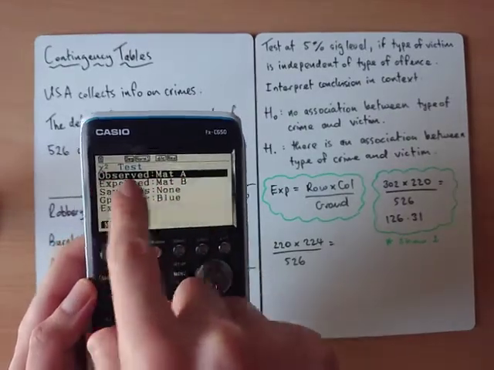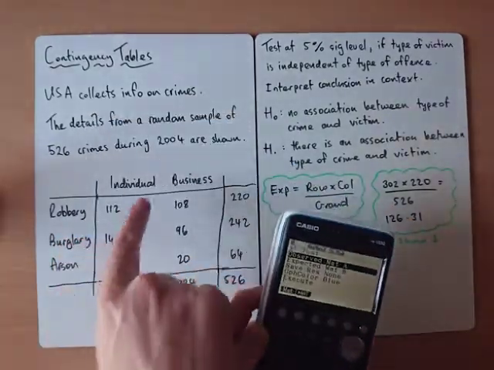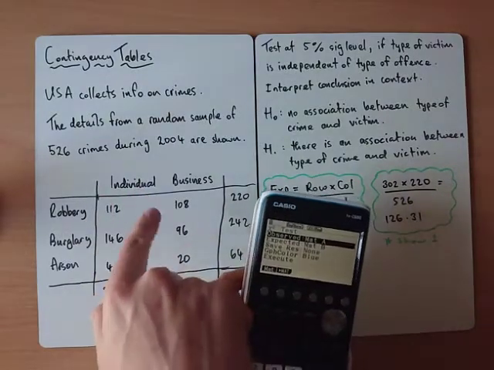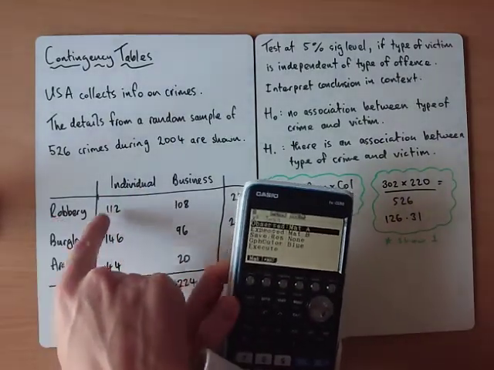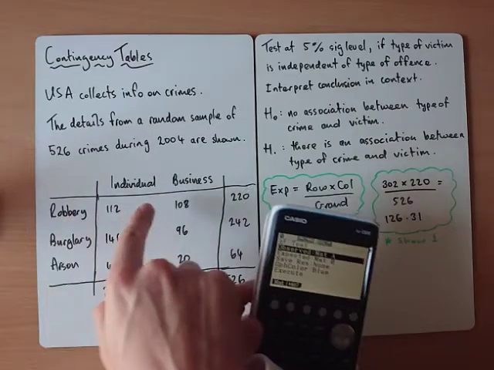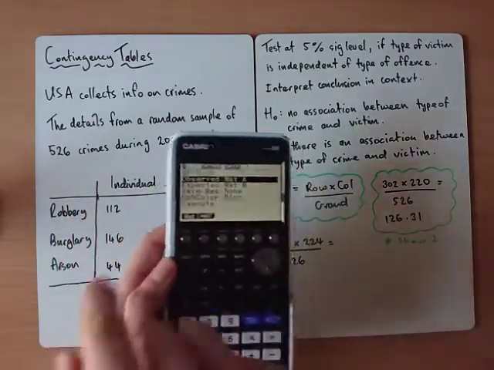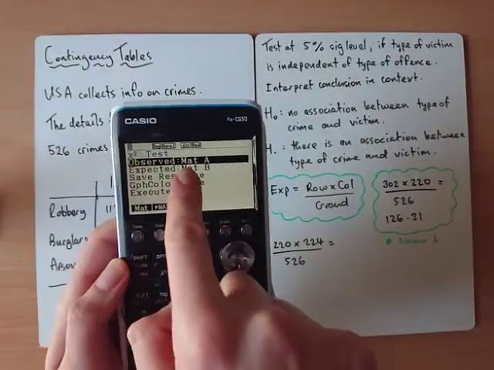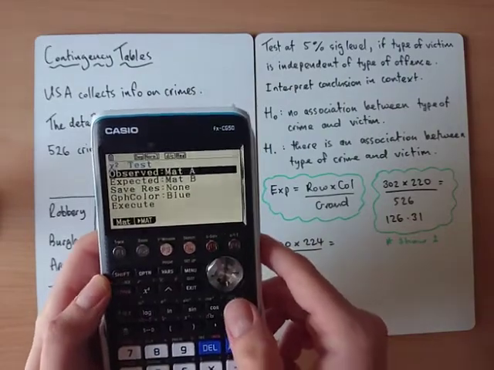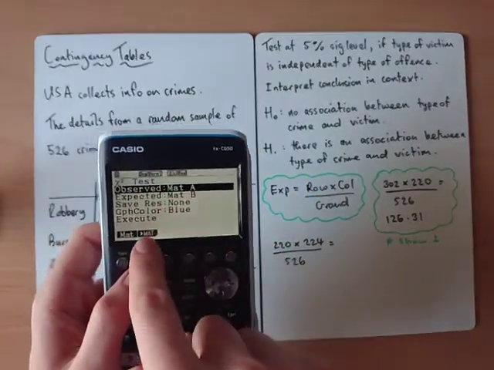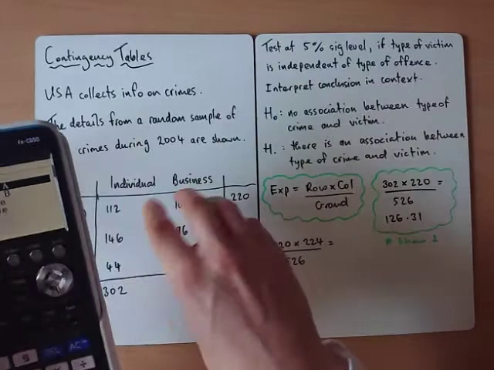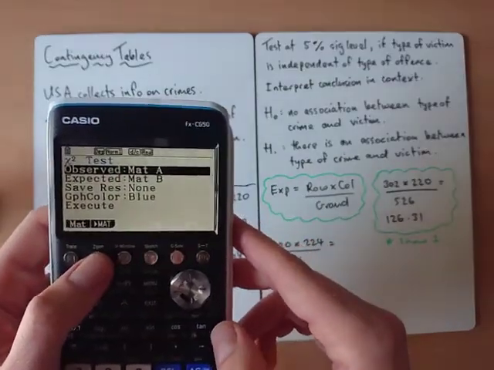And then it asks you for your observed matrix, so the actual values that happened in the sample. You know, 112 individuals were robbed, 108 businesses were robbed. We enter the observed values from the question. Now the way that we do this, first of all, we need to change the dimension of the matrix because different questions will have different amounts of rows and different amounts of columns.